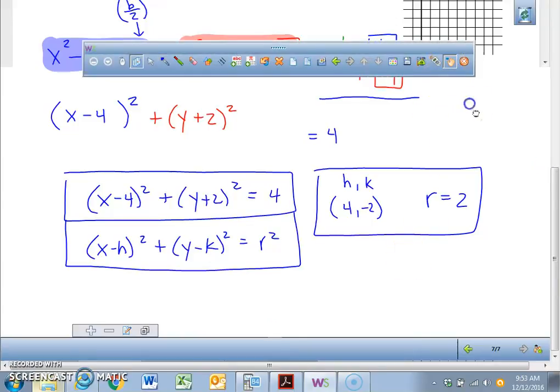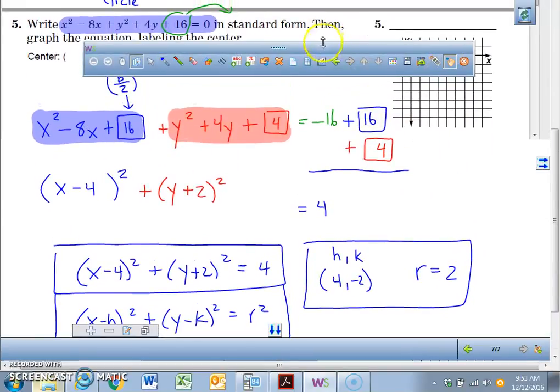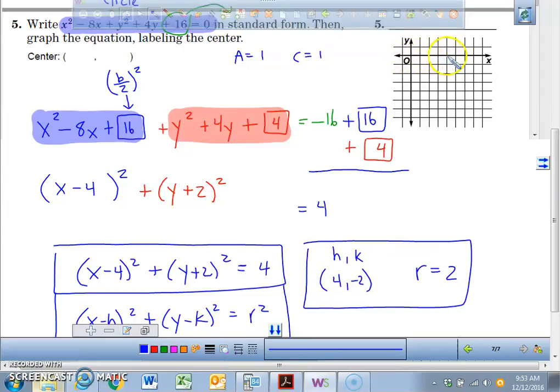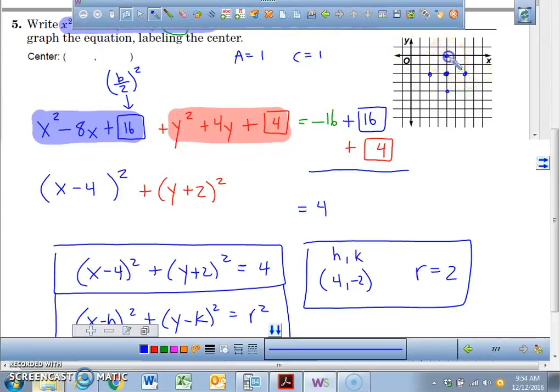So in your journal right now, what I'd like you to do is just make a little graph right here. You're going to go over 4 units, down 2 units, right here, put a point. Then if your radius is 2, all I'm looking for you to be able to do is from that center, plot points 2 units away from the center, and then carefully, to the best of your ability, draw your circle.